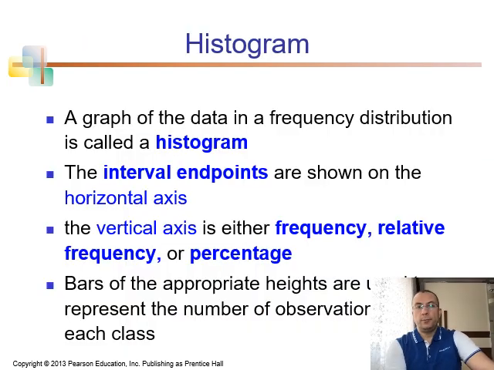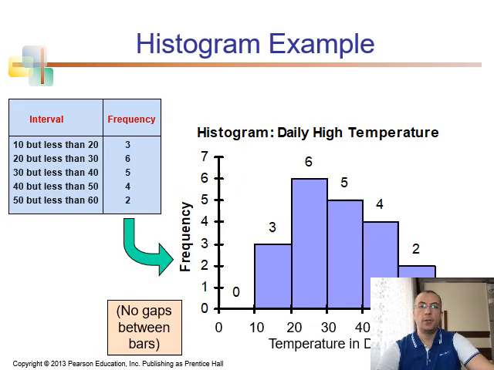So a histogram is a graph of the data in a frequency distribution where you have the interval endpoints on the horizontal axis, and the vertical axis is either frequency, relative frequency, or the percentage. So it's basically from the same previous table. You already created categories based on the intervals, and we show the frequencies in those categories in this histogram.